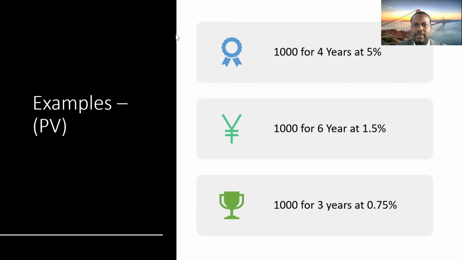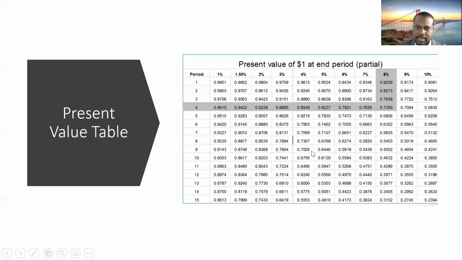And so let's have a new share screen. Actually, no, 1,000, 4 years and at 5%. Let's use the actual table. Let's kind of mix it up a bit.